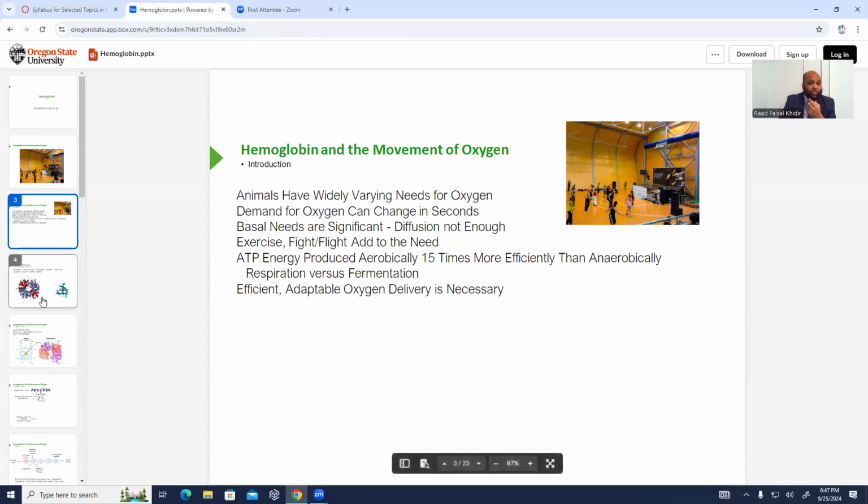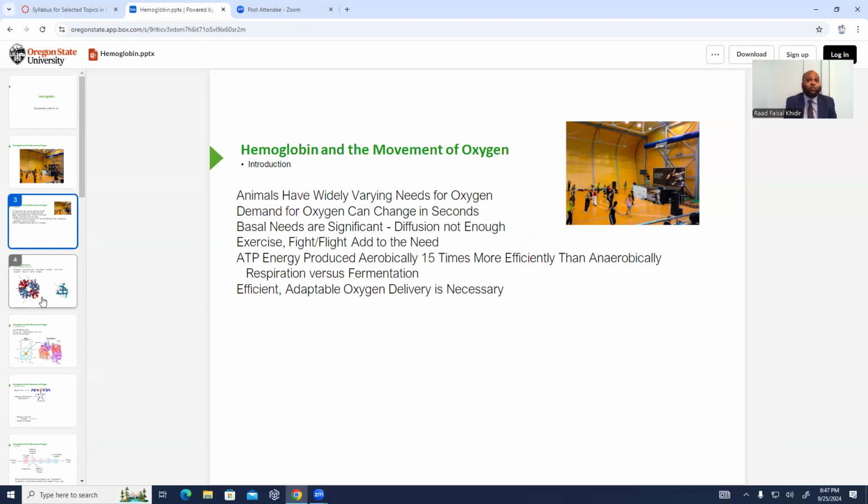So oxygen needs to be transported, and diffusion is not fast enough. If your tissues rely only on diffusion for oxygen to be transferred into the tissue, it's not going to get there in time.